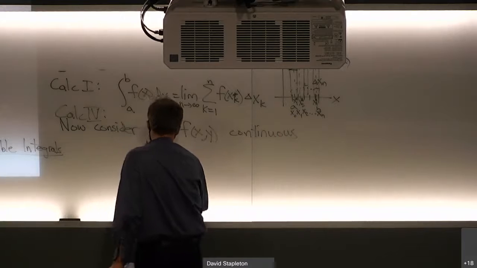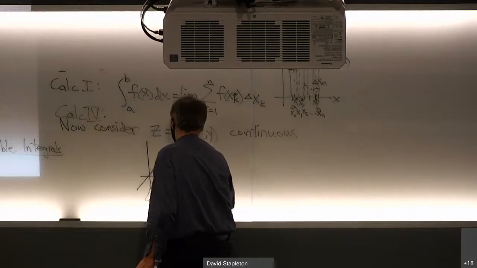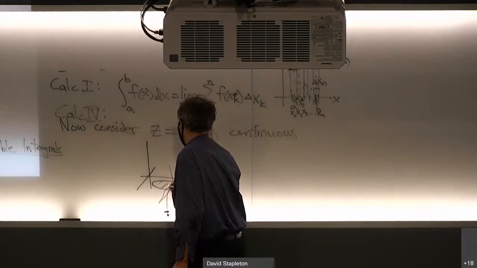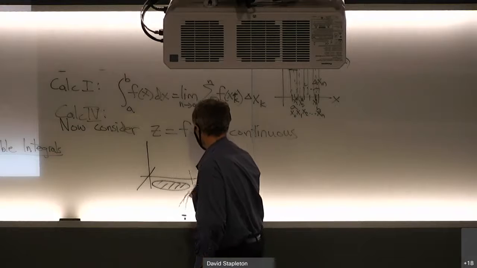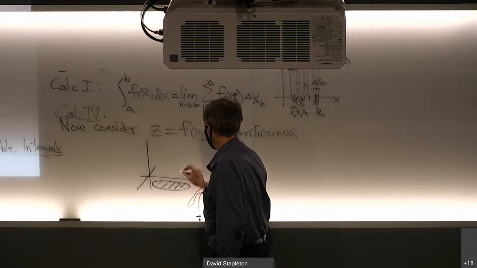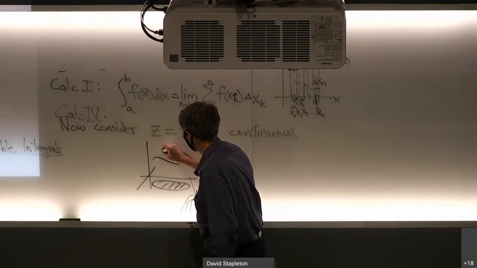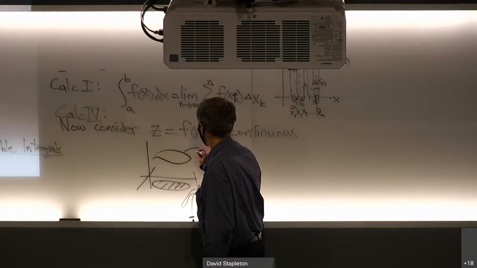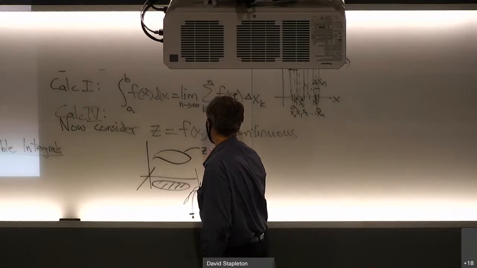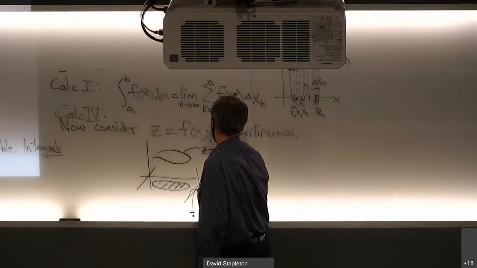You have some domain for a function of two variables as a plane region, right? We talked about this before. Here's your domain. And over that domain, you have coordinates here. And we call this the surface z equals f of xy.